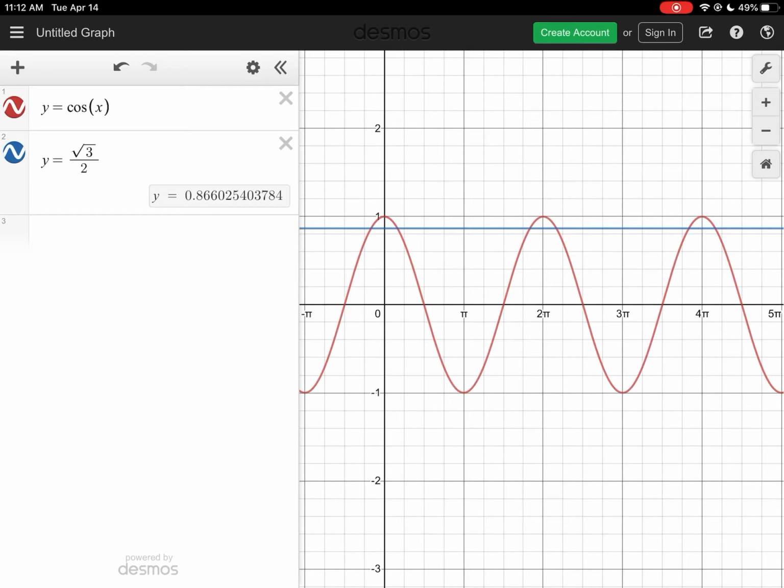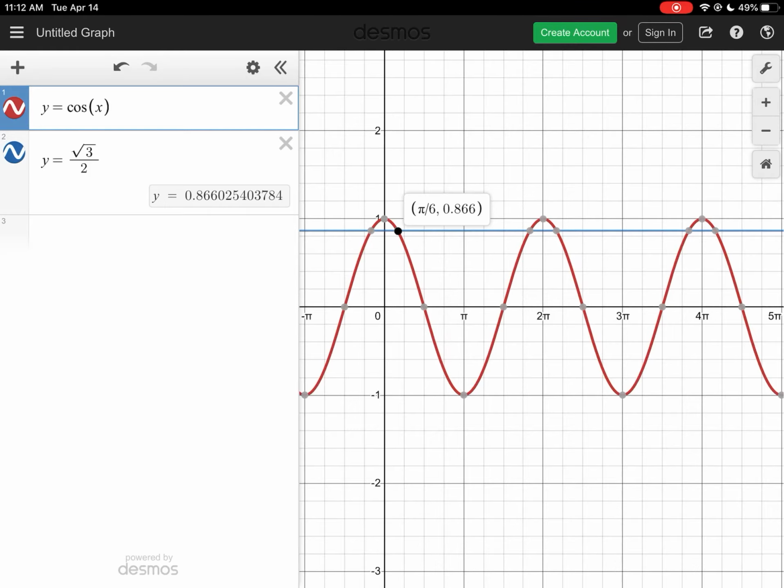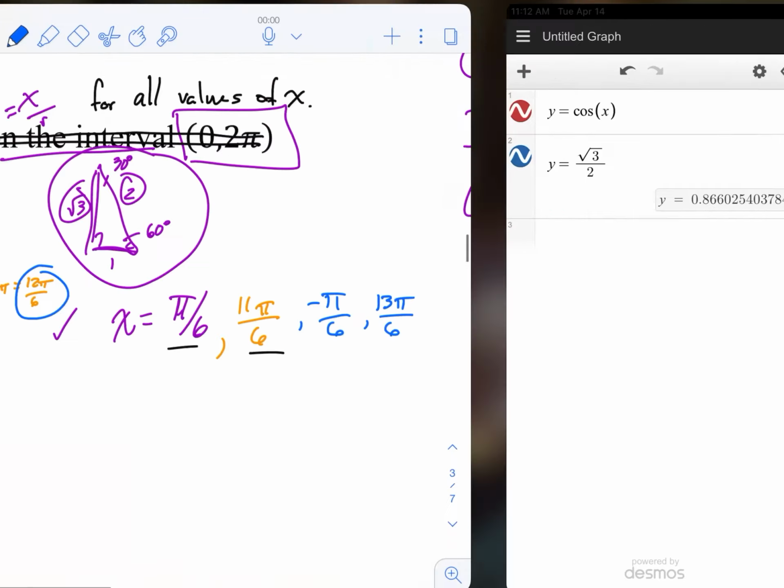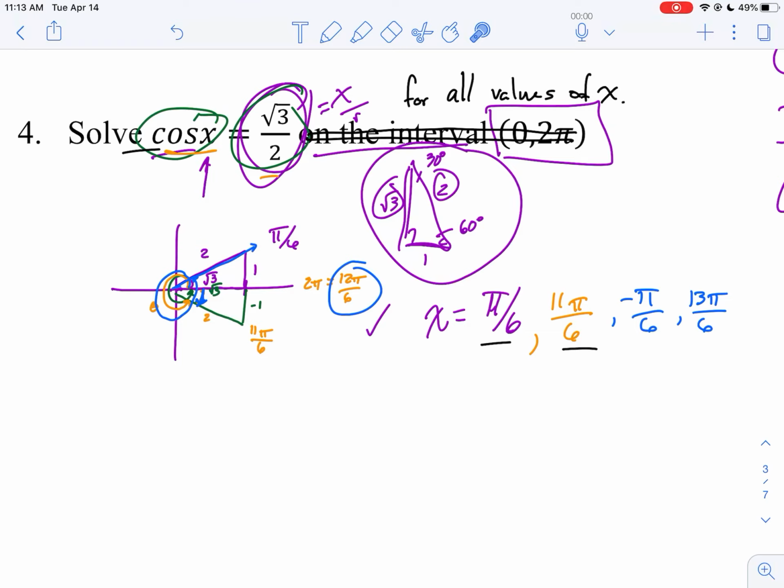You can see I have y equals cosine of x there, and I also have y equals square root of 3 over 2. So anywhere where this red function crosses over with this blue function, we get an intersection. And you see this first value happens at pi over 6, just like we found on the circle.